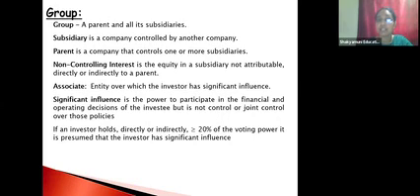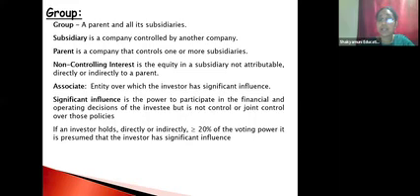Since company A has 30% shares in company B, it has power to participate in the financial and operating policies of the investee, but it doesn't have control since it has only 30% shares. But it has a power to participate in the financial and operating policies of company B.